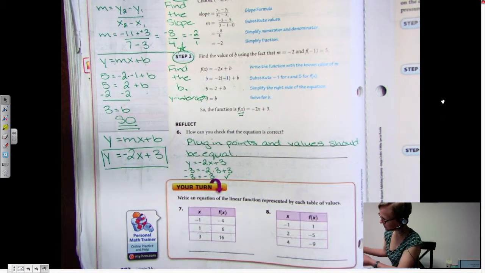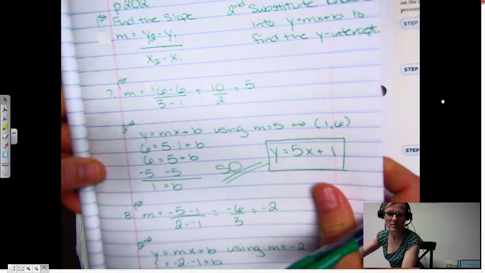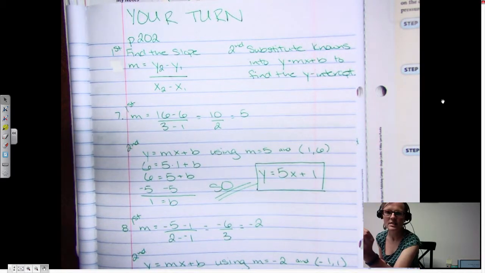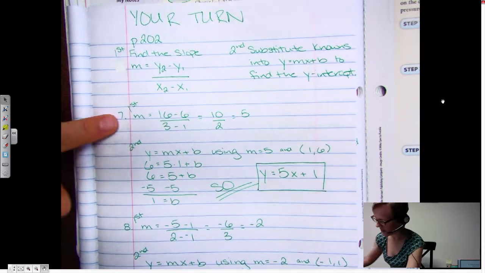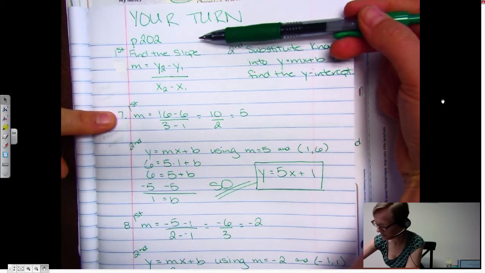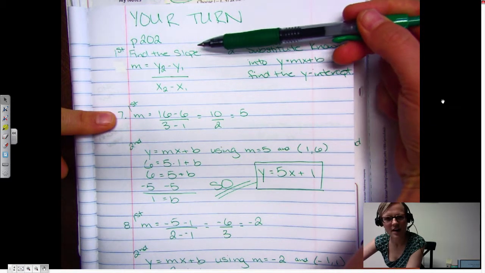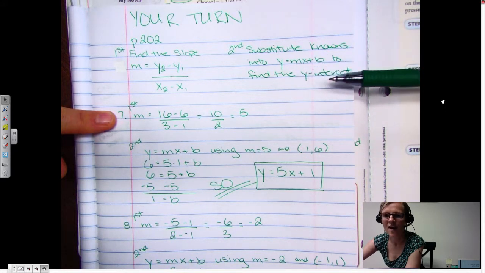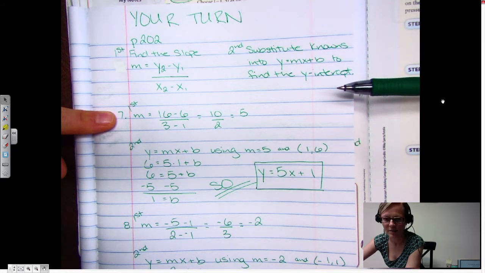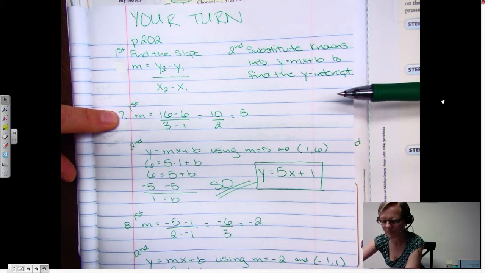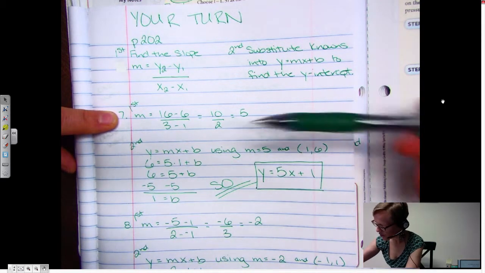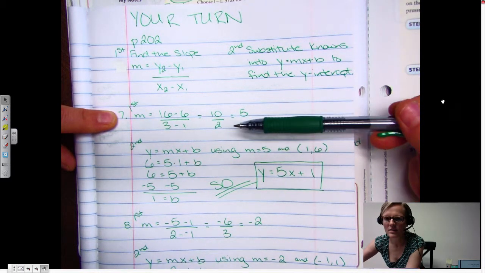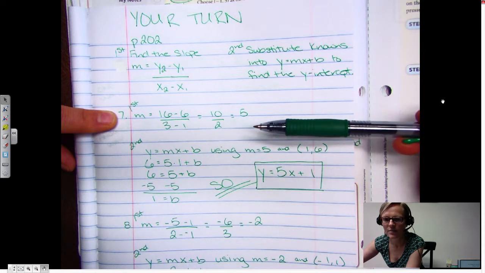All right. So for these your turns on page 202, here's number 7 right here. So again, following the same criteria and the steps, I would find the slope, and then my second step would be to find the b, or find the y-intercept. So for number 7, I used 2 of the points. I did 16 minus 6, 3 minus 1, 10 over 2, so I got my slope is 5.